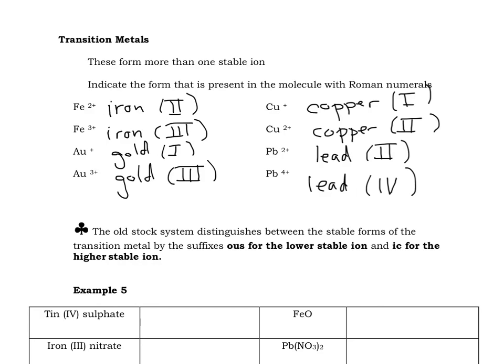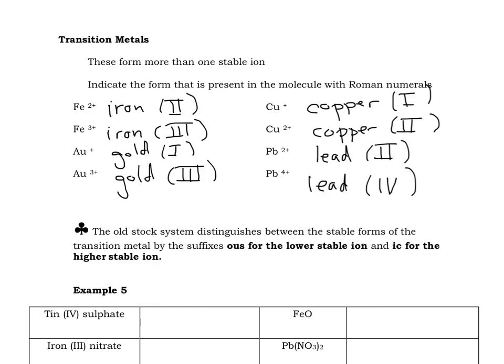Things like silver and zinc, you'll find also listed on the back of your periodic table as metals that are hard to find their charges based on their position on the periodic table. And you'll also notice that there are a pile of other transition metals listed there that have multiple charges.